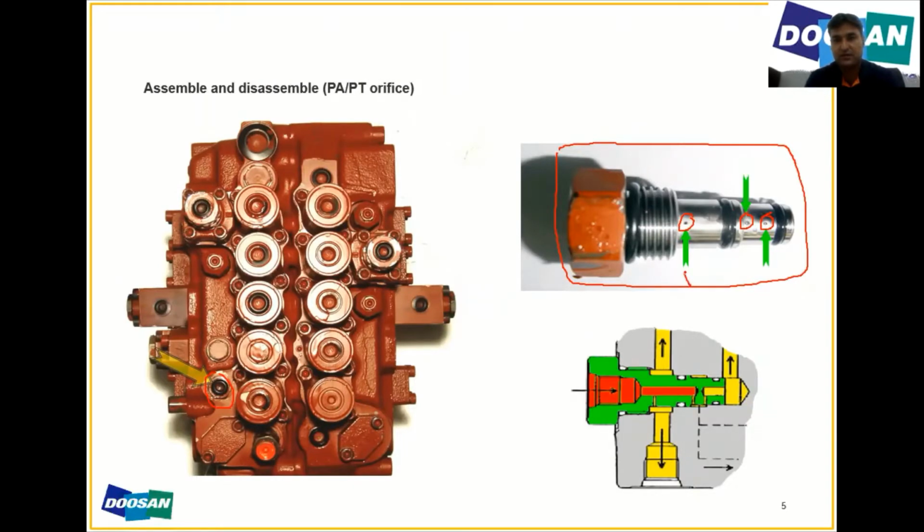This one is called the PT orifice, this is the PA orifice, and the last one is the TS orifice. As we know, the function of an orifice is either to control the flow or to build up the pressure. Here we need to build up the pressure for the pressure switches.